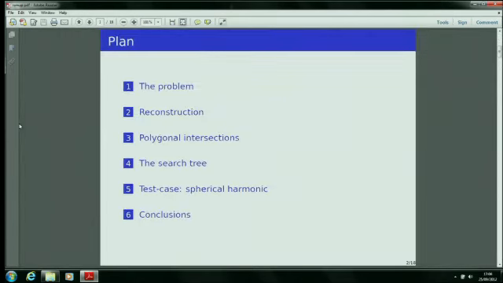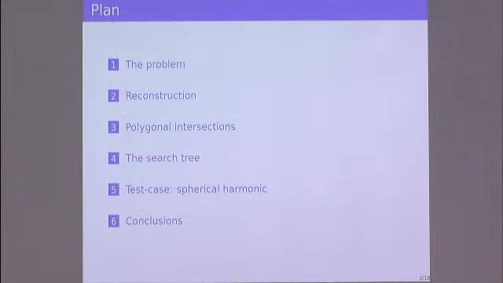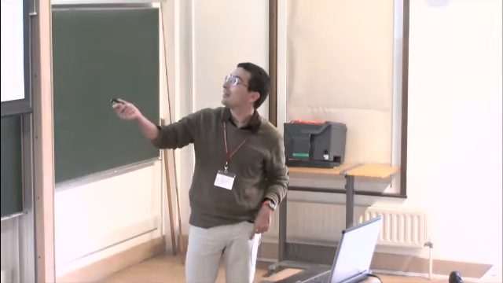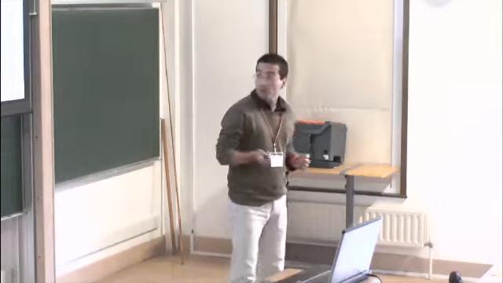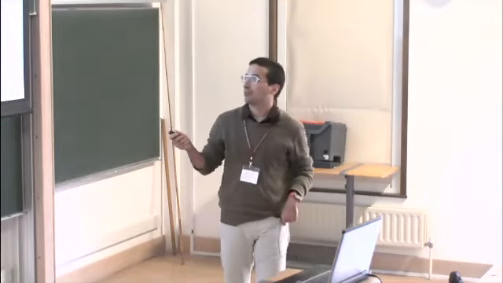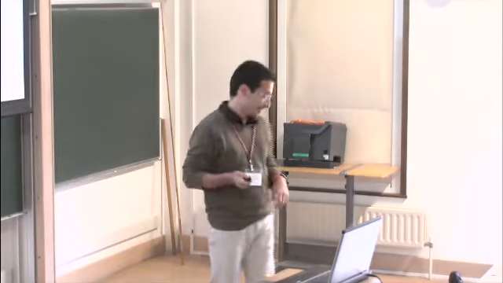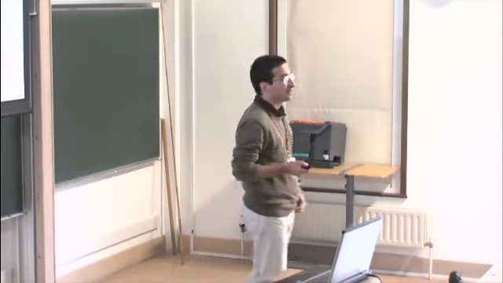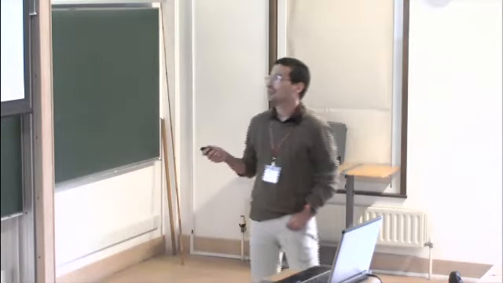So I will briefly present the problem and the general strategy for conservative remapping. Then I will talk about computation of weights. There will be quite a geometrical part of the talk that will concentrate on computation of intersection of spherical polygons.